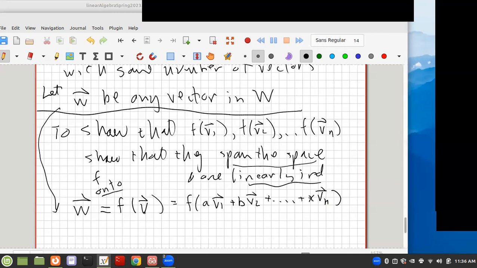I've got to be able to write V as a linear combination of the basis vectors. This is true because V1 to Vn form a basis of V, so being a basis of V, I can take any vector in V and expand it.